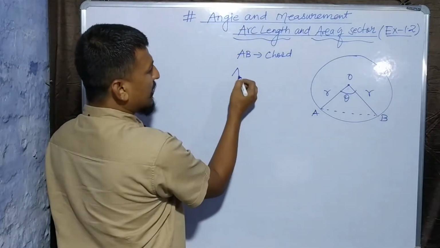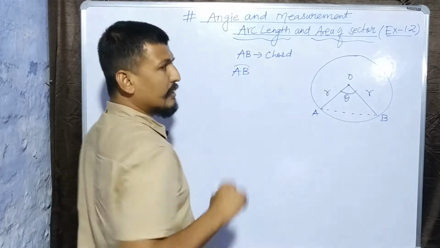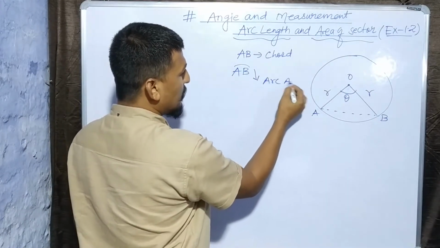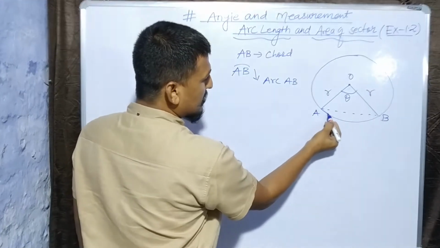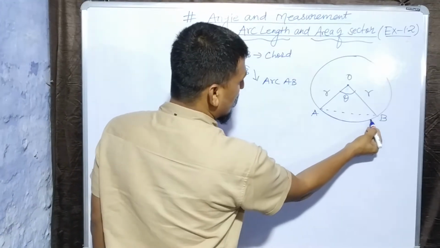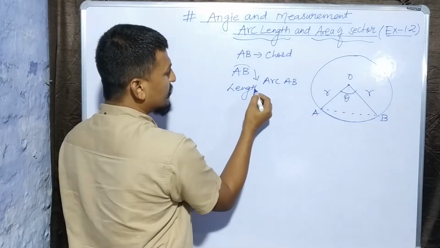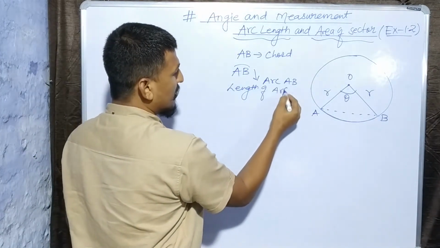Now if I am writing AB in this way, this becomes arc AB. This distance is the arc AB, length of arc.